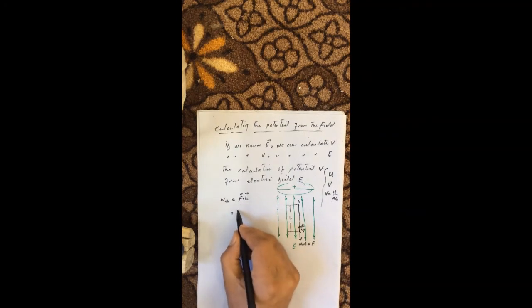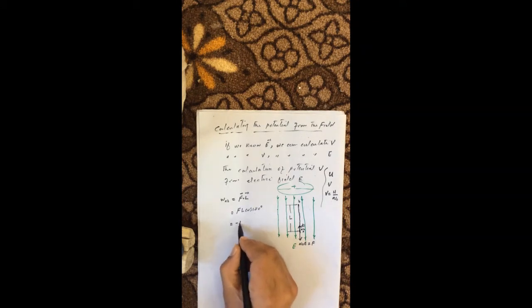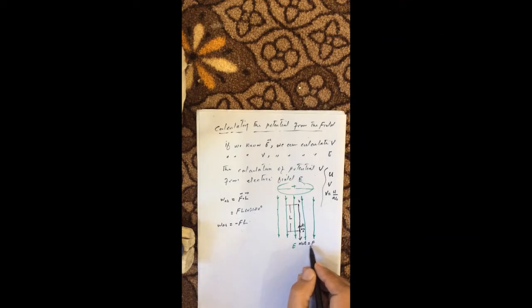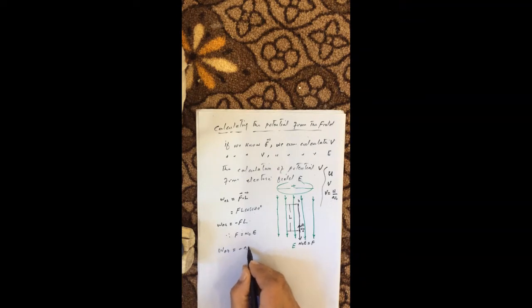So the angle between force and displacement is 180 degrees. So we get minus FL, work from A to B. But we know that the force is equal to Q naught times E. So the work done in moving a test charge from point A to point B is minus Q naught E into L.